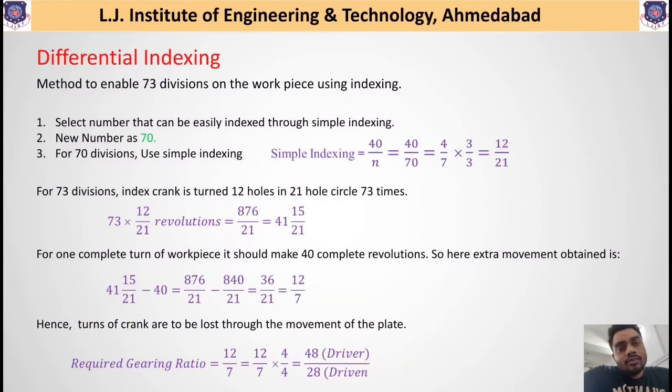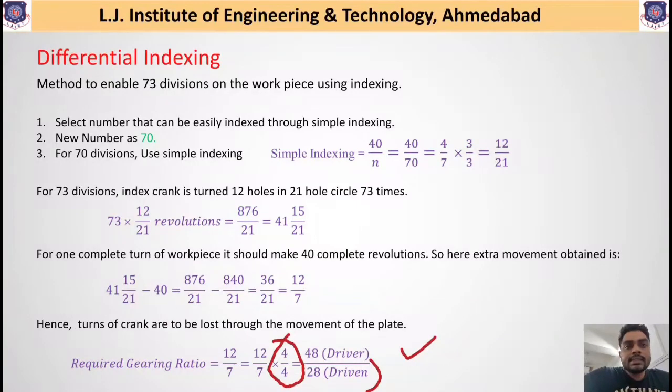And for that we need to convert that particular gear ratio into the available standard gear sets. And for that we have multiplied this fraction by 4, and multiplication by 4 will give you the final answer as 48 divided by 28. That means the driver gear has 48 teeth, whereas the driven gear has 28 teeth, and this driver and driven gear assembly will compensate for this extra movement.